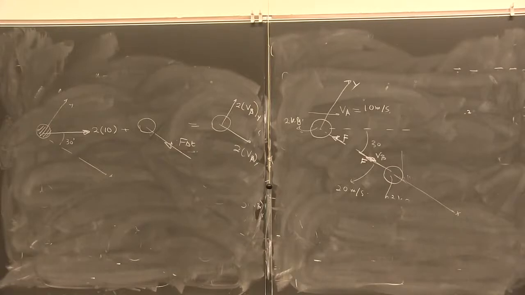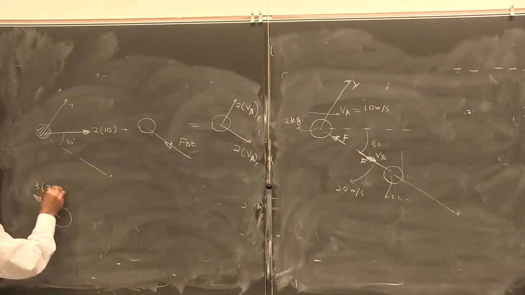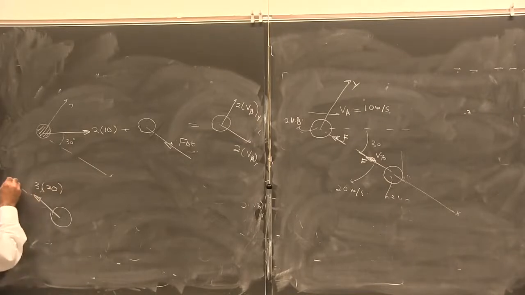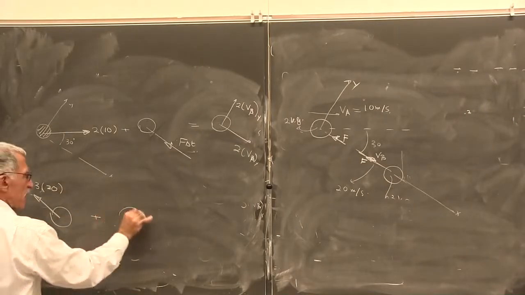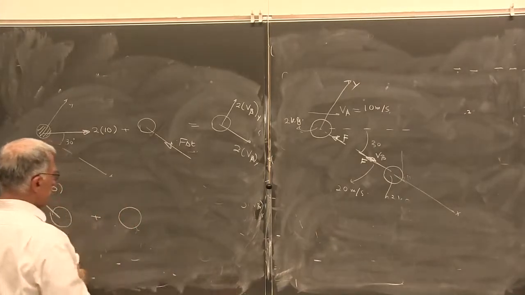For the particle B, your momentum is in this direction: 3 kilograms times 20 meters per second at the angle of 30 degrees. Then it is subject to some impulse. Let me write it exactly underneath that one.